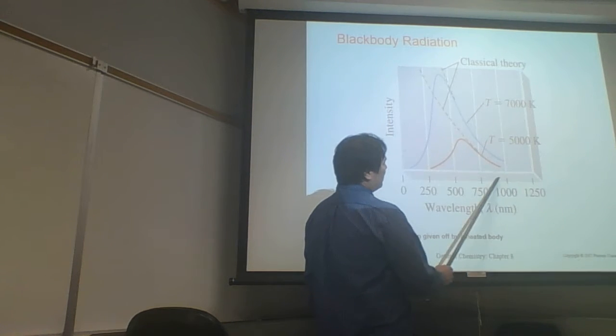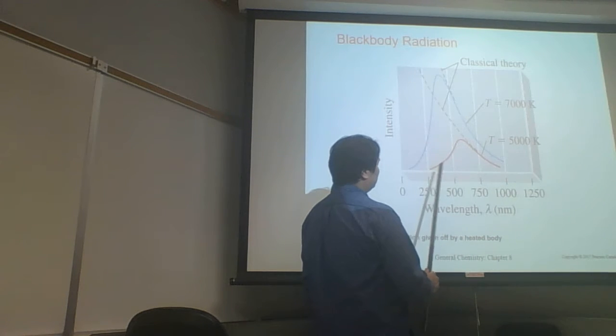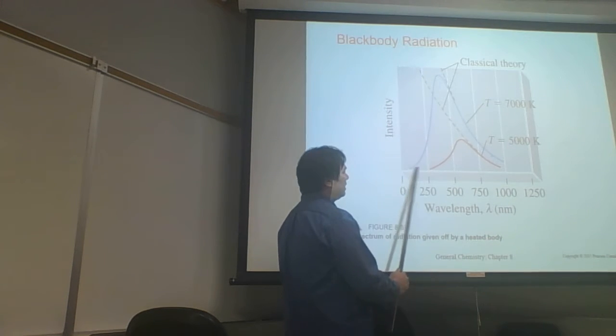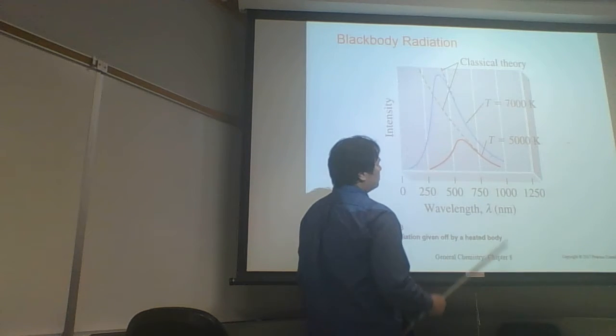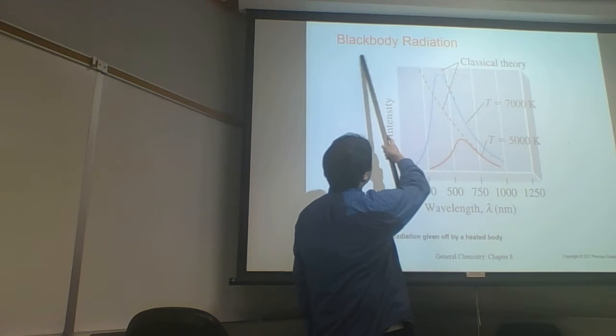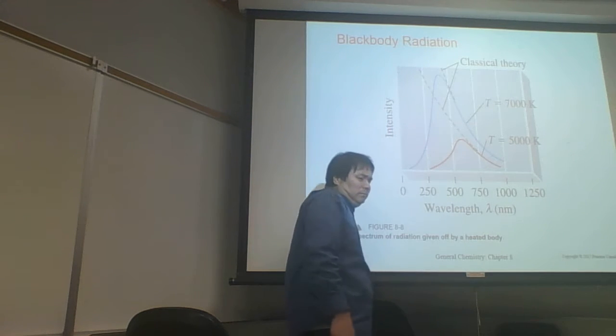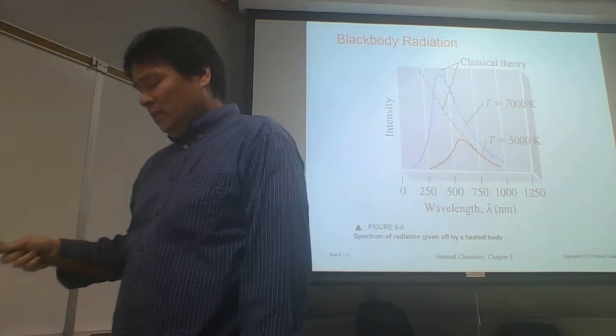Above 760, we have what kind of light? Infrared. And below 390, we have ultraviolet. And so this is infrared. It depends on how hot you heat the piece of metal. This is black body radiation, radiation just being the light that comes off.